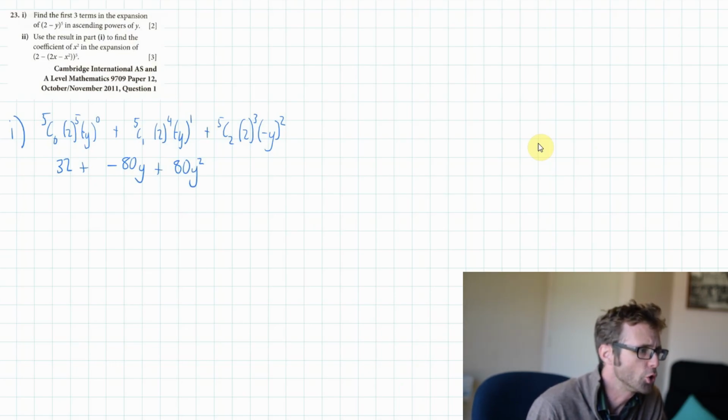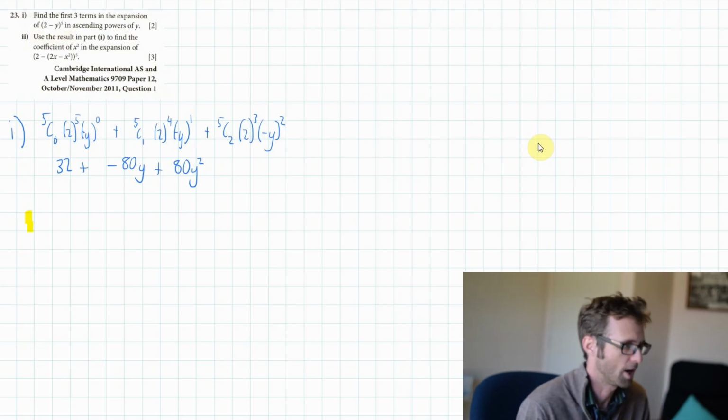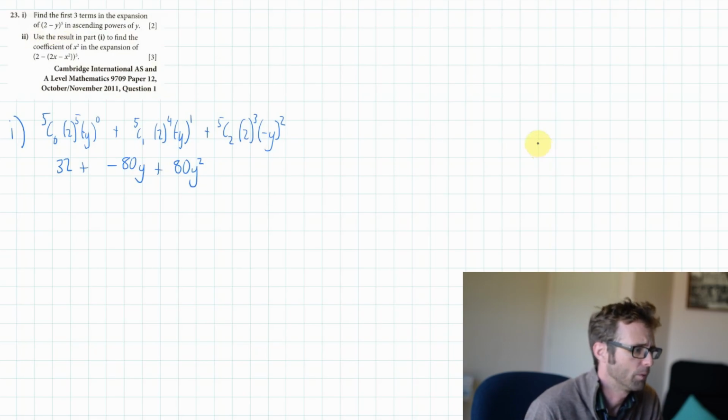Now it says use the result. So I'm going to have to use this to find the coefficient of x squared in this expansion. So let's have a look at the expansion that they're giving us. We have 2 minus 2x minus x squared, and this is all to the power of 5.